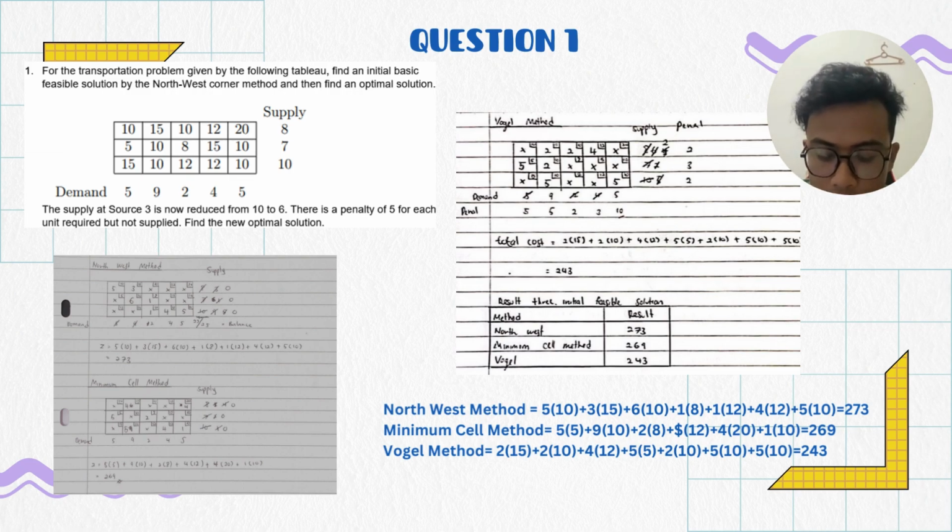Alright, we started with the column that has the minimum transport cost, which is the second supply, 5, and then I subtract the 5 from the supply of 7. The rest of the supply is 2. After that, I put the balance at the second column, at the 10, because the 10 has the minimum transport cost.